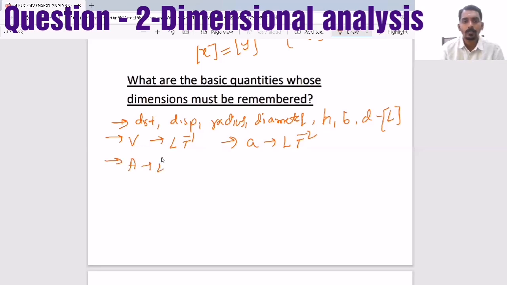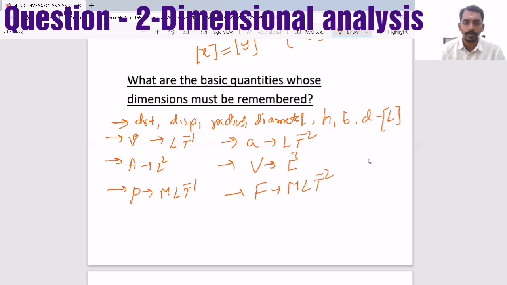Area means L square, and volume means L power 3. Apart from this, the next thing is linear momentum, which is M L t power minus 1. And then force, that is M L t power minus 2.